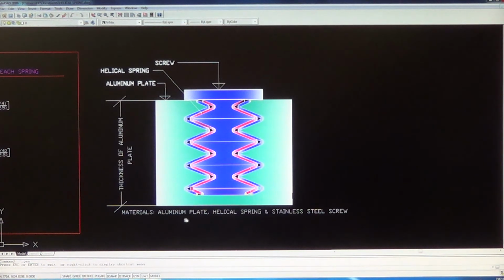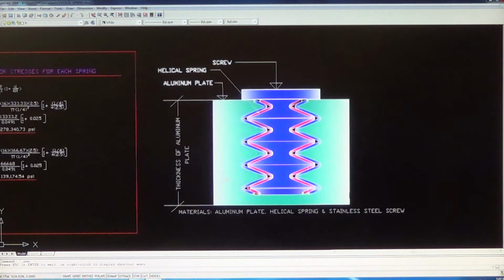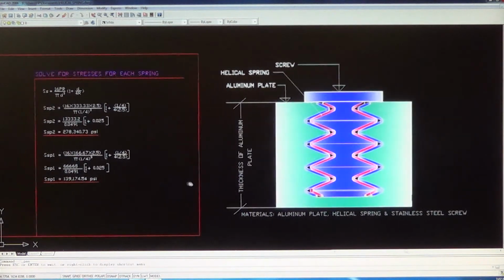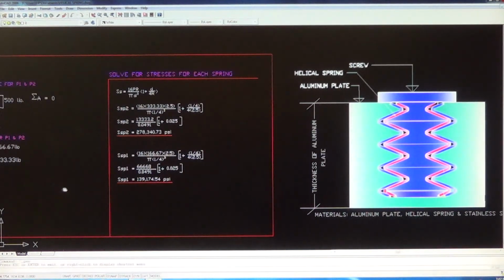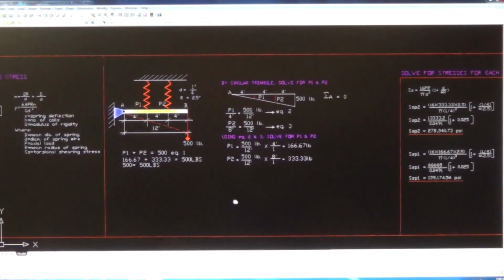The materials: aluminum plate, helical spring, and even stainless steel. Any kind of screw you can put there because it's protected. Alright, so that's the helical spring and its importance and use. It's a beautiful mechanical device actually.